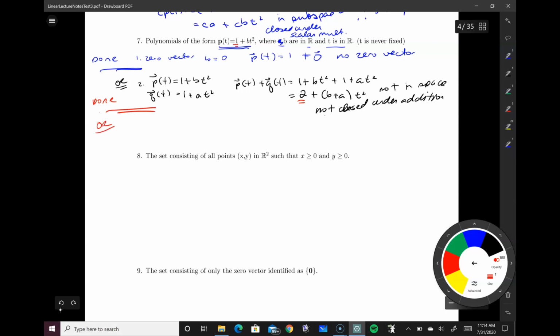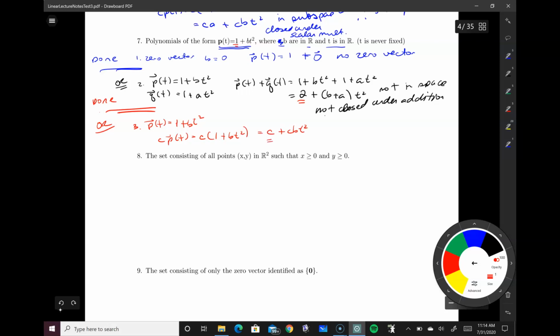Or I could look at what's happening with the scalar multiplication. So if I take my p of t equaling 1 plus bt squared, and I multiply it by a constant, I get c times 1 plus bt squared, which is c plus cbt squared.